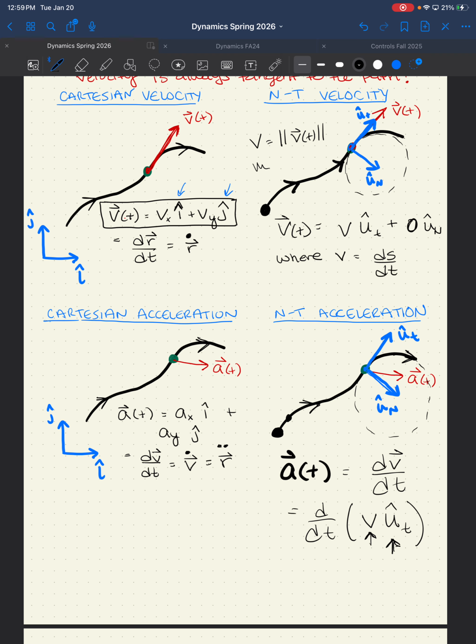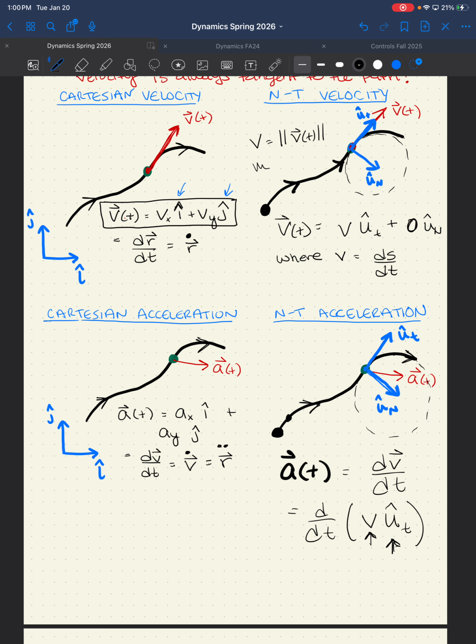It's not changing magnitude, but it's constantly changing direction as the particle goes. So when we have a time derivative of two functions multiplied by each other that are both functions of time, what rule do we have to use for derivatives? Product rule. Yeah, we've got two things multiplying each other that are both dependent on time, right?